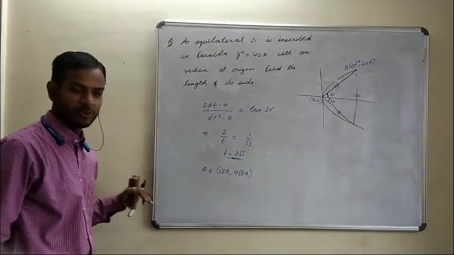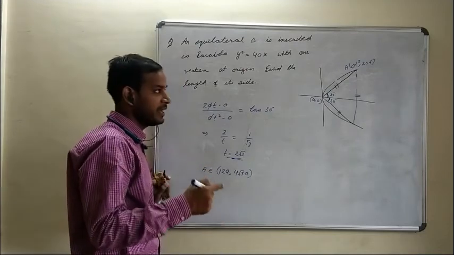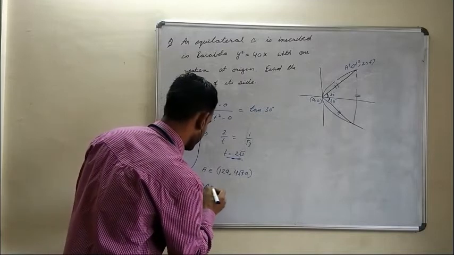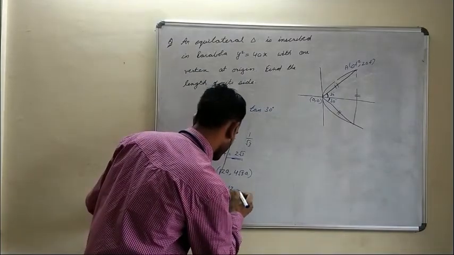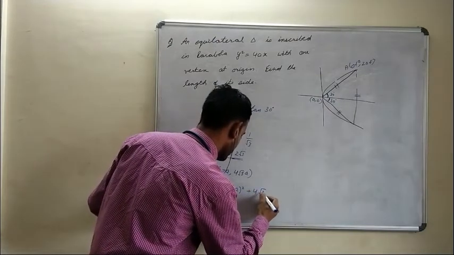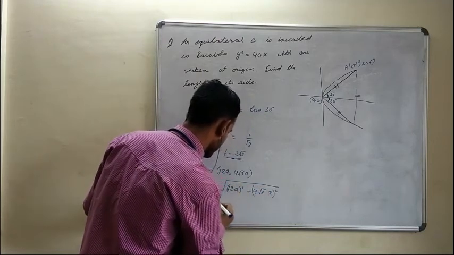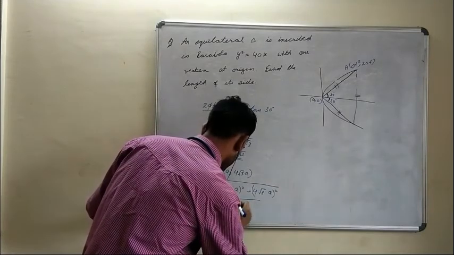So this will be the point A, and since we know the coordinates of point A and origin, we can calculate its distance as OA is equal to the square root of (12a) square plus (4 root 3 a) square.